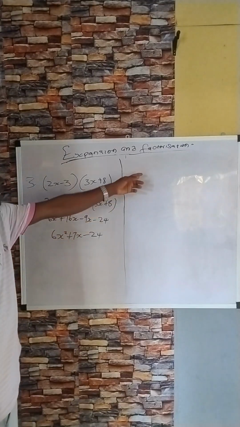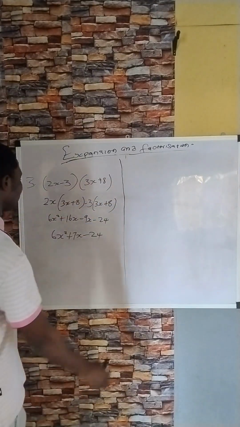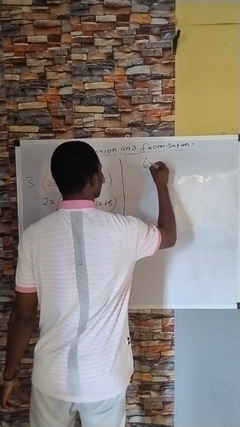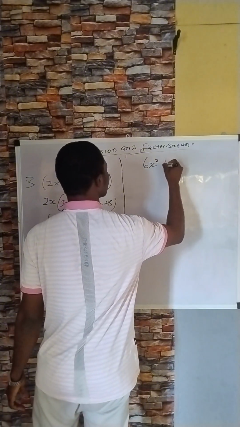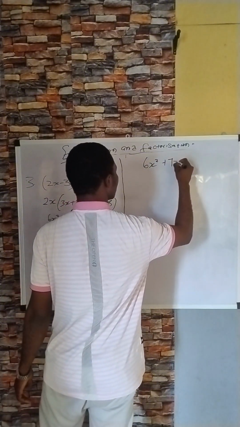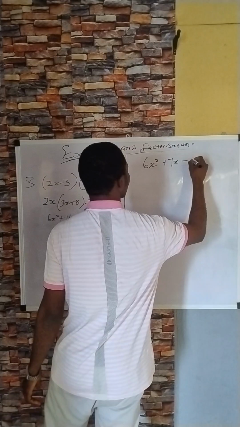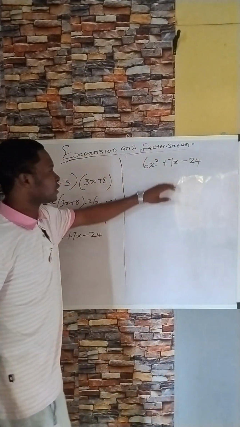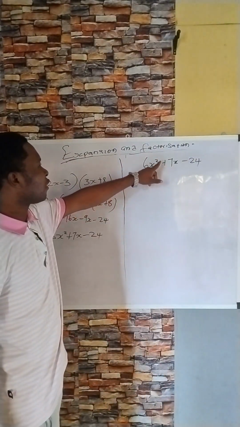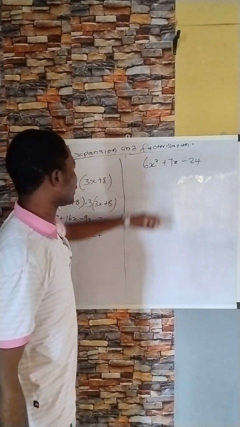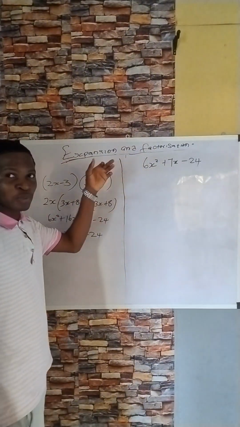Now let's take it over here and do the factorization side of it. So we get 6x squared plus 7x minus 24. So if you notice, this is another example of a quadratic trinomial. Let's further explain what we did before.